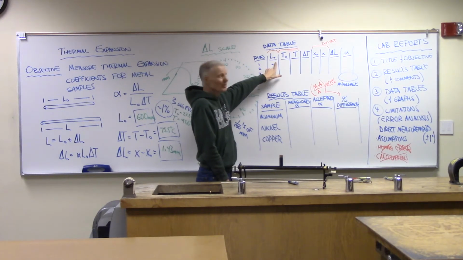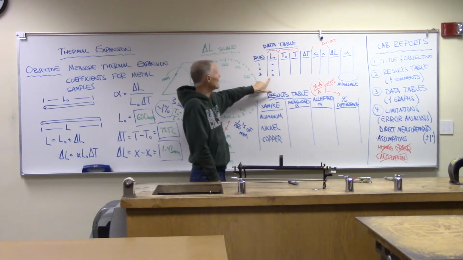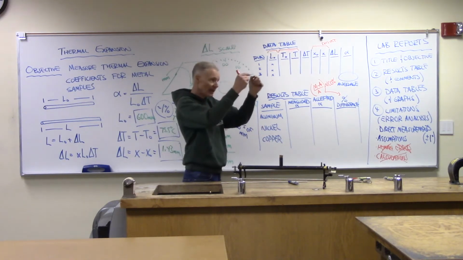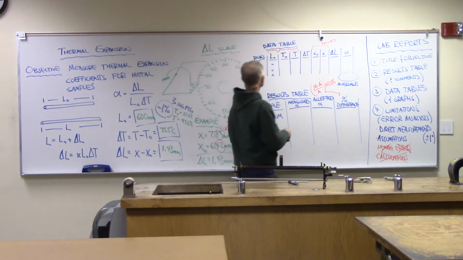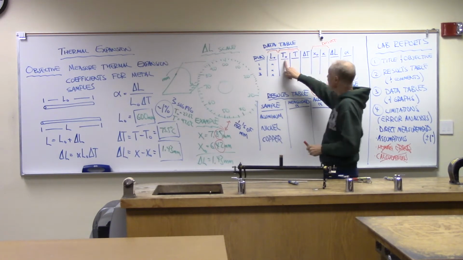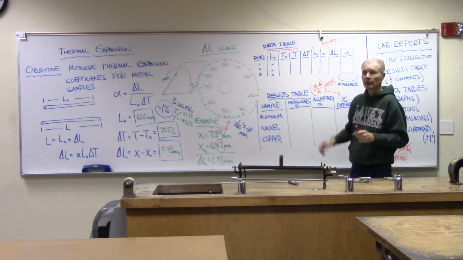I'm actually going to get the meter stick out 3 times and measure the L naught 3 times, just to make sure that I'm doing everything for each one of the runs. Now the T naughts and the T's could be different on each one of the runs, right?